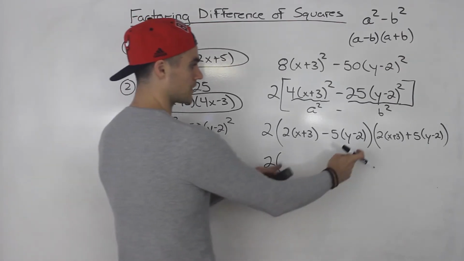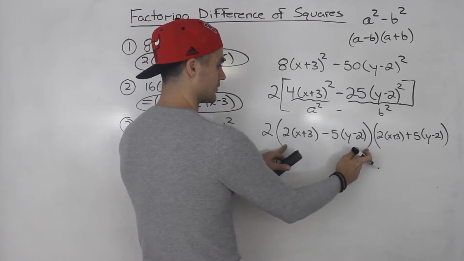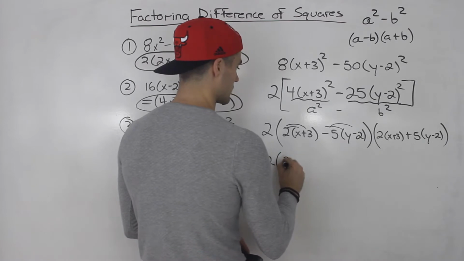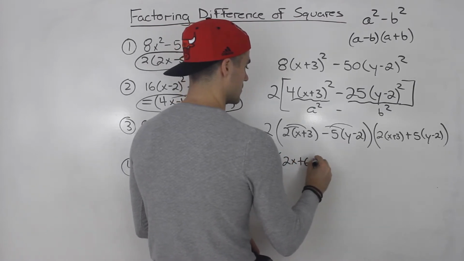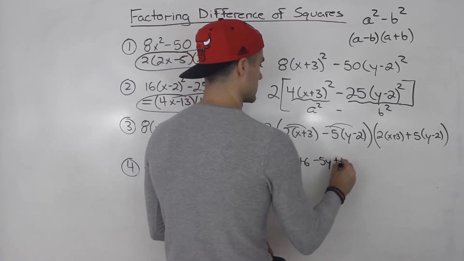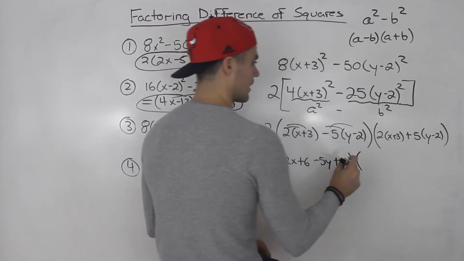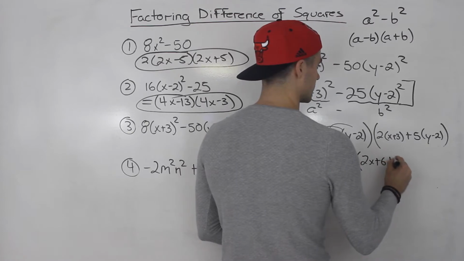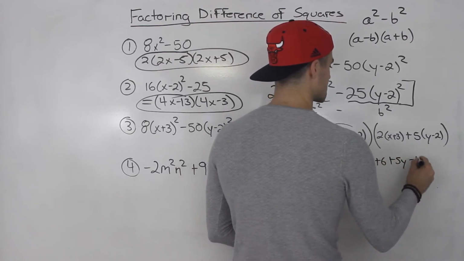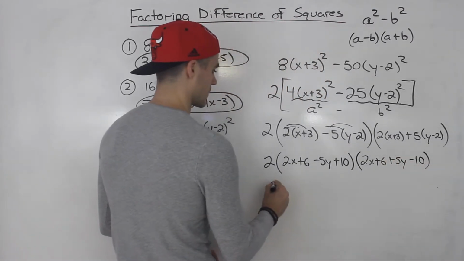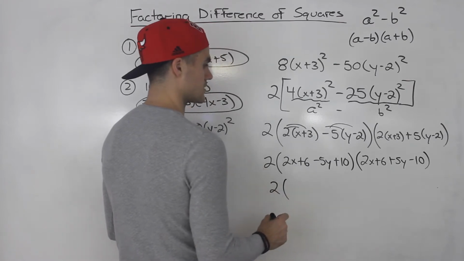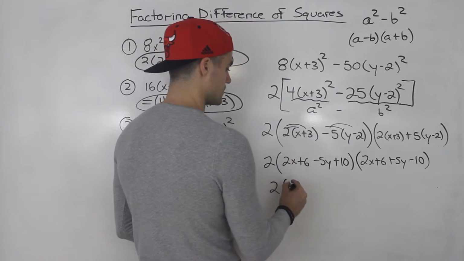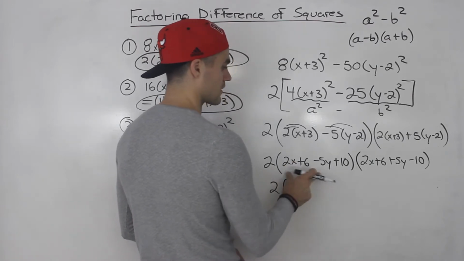So from here, what we can do is simplify this bracket. You could distribute, so we'd have 2x plus 6 minus 5y plus 10. And then in this one, we'd have 2x plus 6 plus 5y minus 10. And then what you want to do is simplify. So 2x, that's the only variable there.